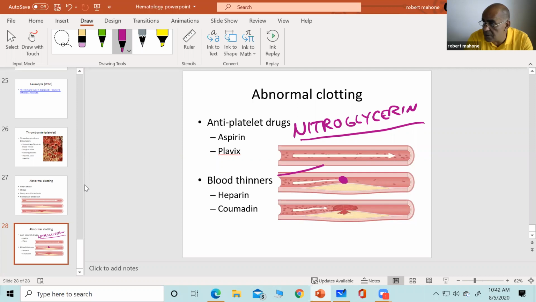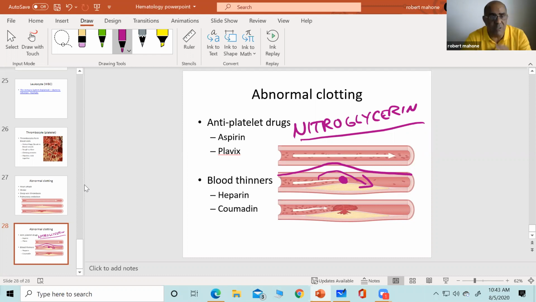It's going to make the blood vessel dilate or open up wider so you can get blood flow around that. So that's what the nitro tabs do. And no, they do not interact with each other. So if somebody's taking nitro, yeah, they can take a couple aspirin on top of that. It's not going to hurt anything.